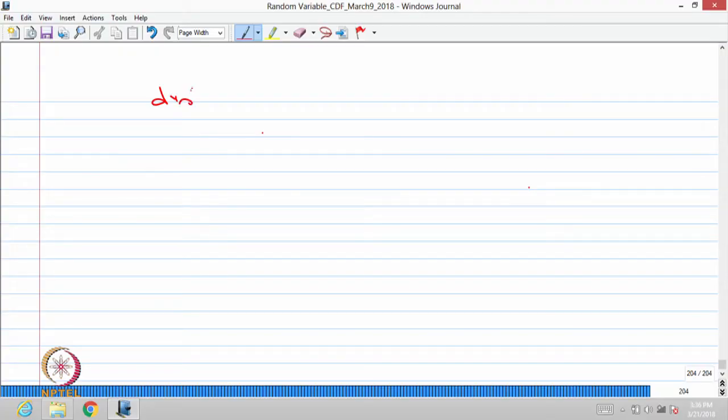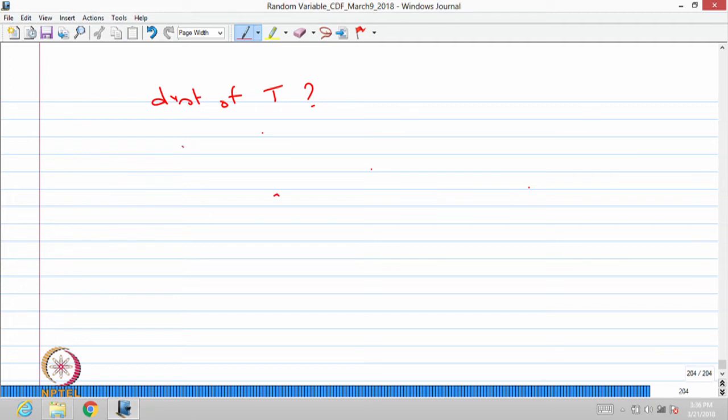I am going to find out the distribution of T. For that we should know the distribution of the xi's as well as the distribution of n. We have already said that the distribution of the xi's is exponential with parameter mu.